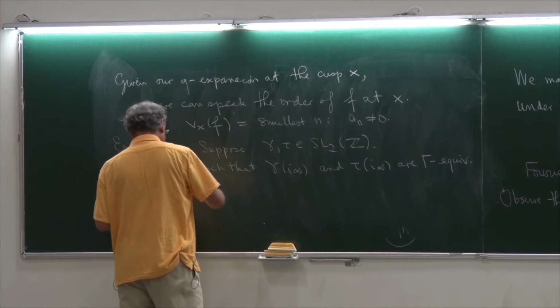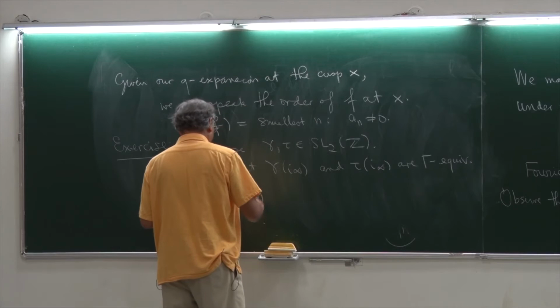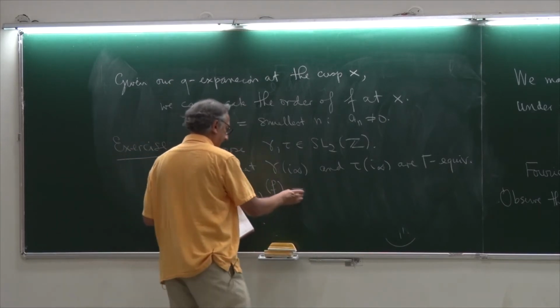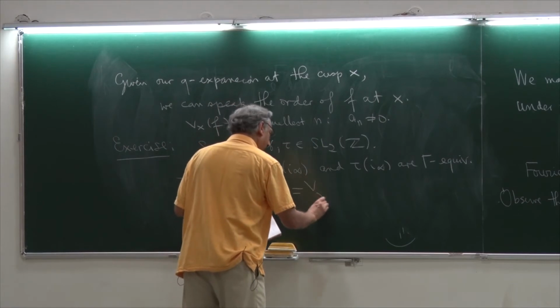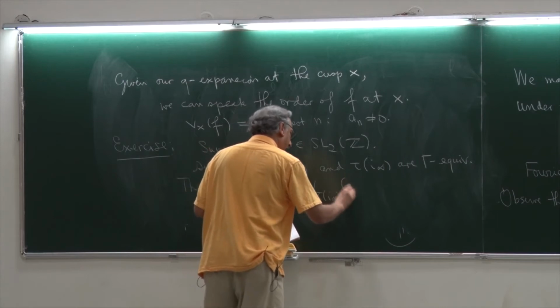Then the order of the function f at the cusp gamma of i infinity is the same as the order of f at tau of i infinity.